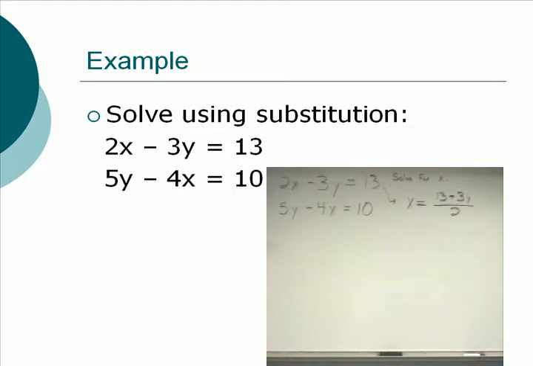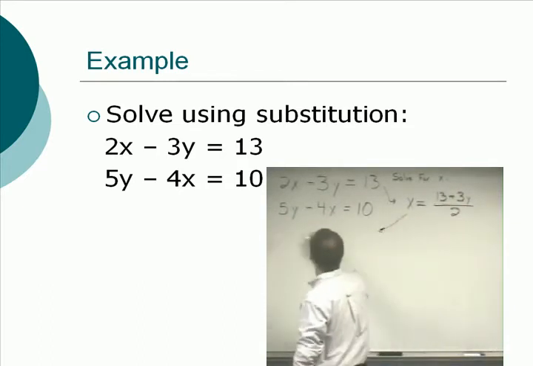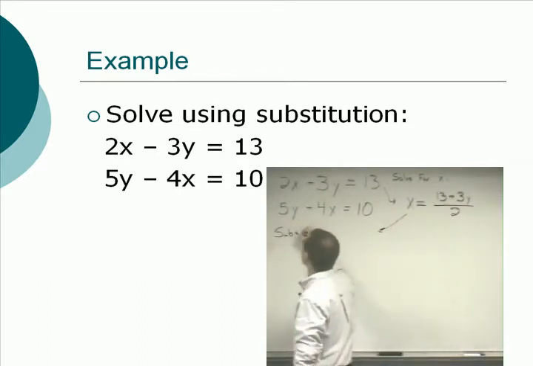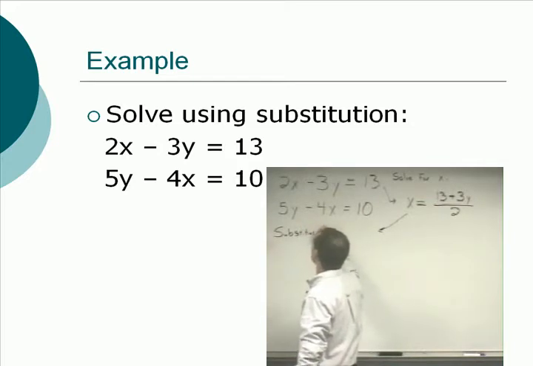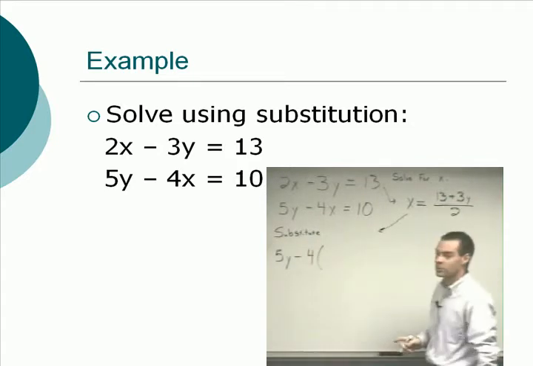Step 2, you substitute it into the other equation. Don't plug it back into itself, or you're going to get nothing. You'll find the whole thing will cancel. You'll end up with nothing at all. So we're going to substitute. And we get 5y minus 4 times, okay, now here's where we substitute.